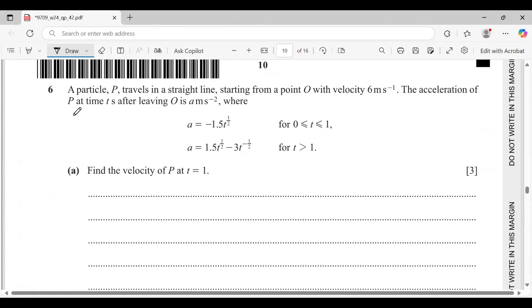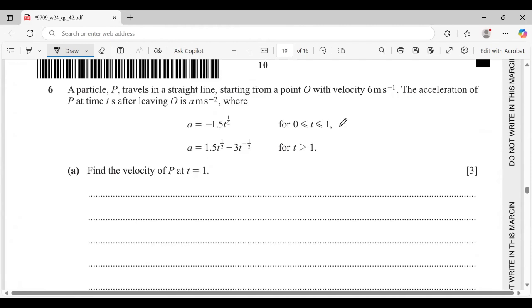The acceleration of P at time t seconds after leaving O is a meters per second squared, where a equals minus 1.5 t to the power 1/2 for t in the interval 0 to 1, and the acceleration function will be 1.5 t to the power 1/2 minus 3 t to the power minus 1/2 for t greater than 1. Find the velocity of P at t equals 1.